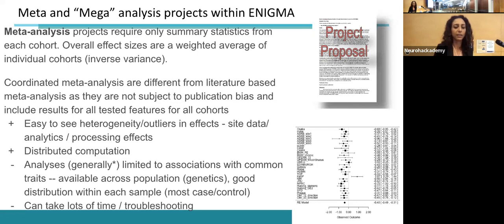And it's easy to see across these sites when you create these forest plots, the heterogeneity in the estimates and also any outliers. So this is an actual example of something we did in the diffusion analysis of schizophrenia. We did case control analyses.